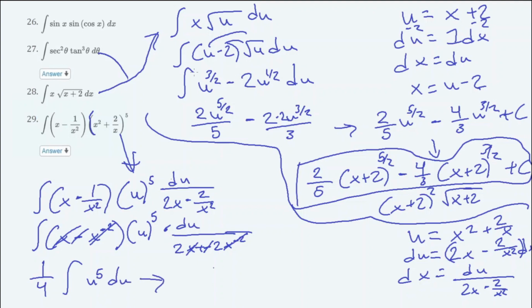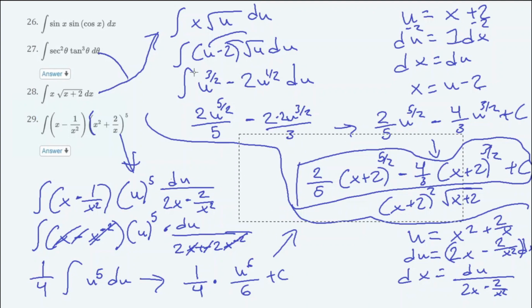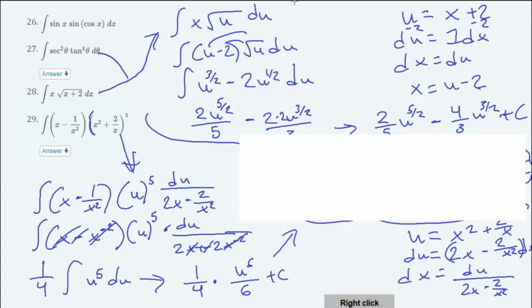Now this is going to be a lot easier to find the antiderivative of. So if we find the antiderivative, we're going to have 1 over 4 times u to the 6th power over 6, and that's going to be plus c as well. And now all we need to do is plug in for u. So let's actually delete this little part here so we could write the answer here.